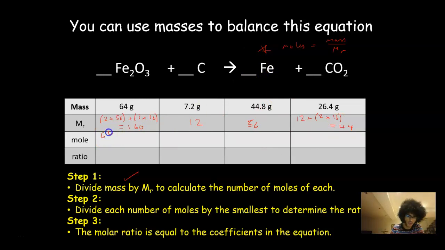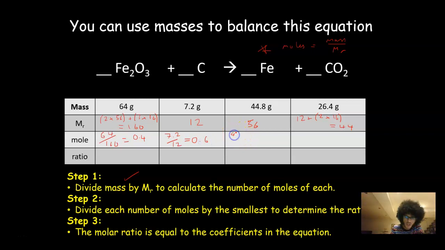So 64 divided by 160, and that gives me, if I put it in my calculator very quickly, 0.4. For here, it's 7.2, that's my mass, divided by 12, and that gives me 0.6.